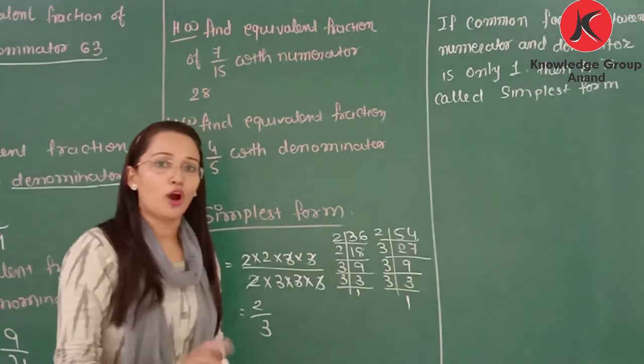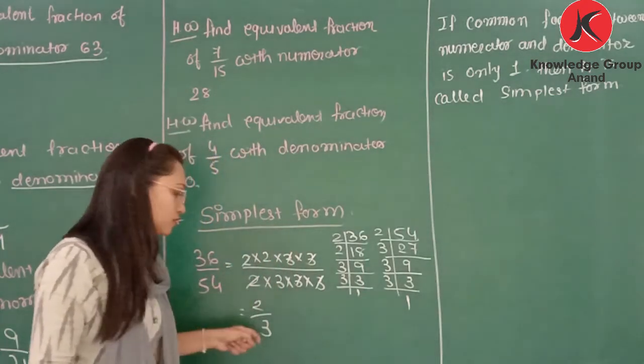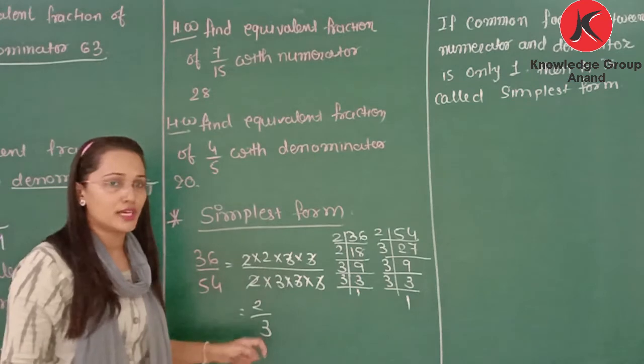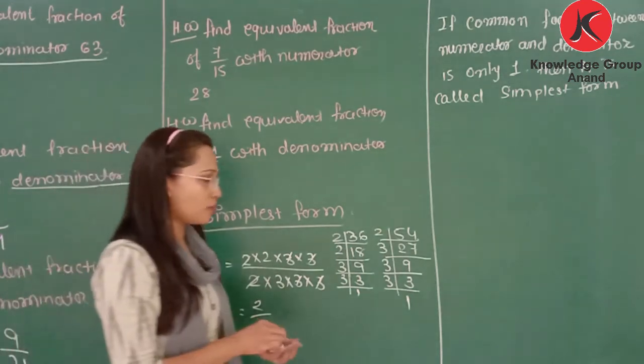Okay, if the common factor is only 1, now we cannot cut any common factor between 2 and 3, that's why it is a simplest form. Let's take one more example.